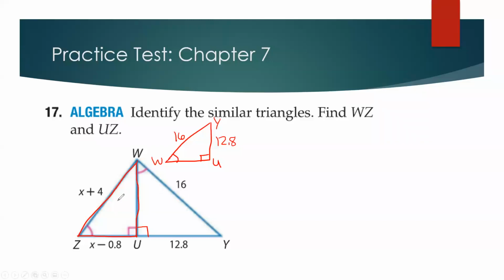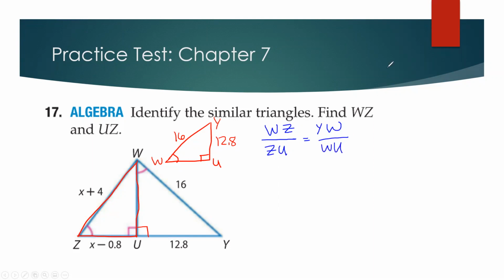So I know that side WZ, and side ZU. The corresponding side to WZ is going to be YW, okay, on the other triangle. And then the corresponding side to ZU is going to be WU, okay?